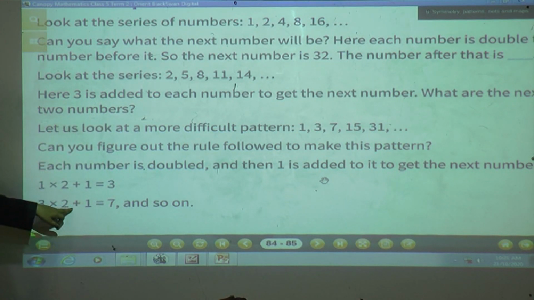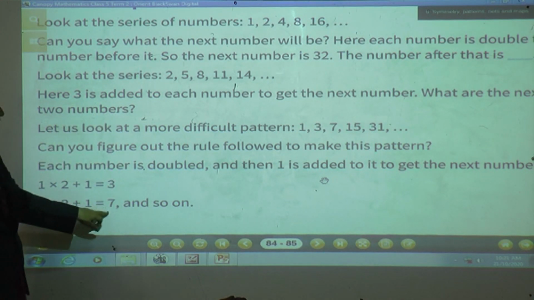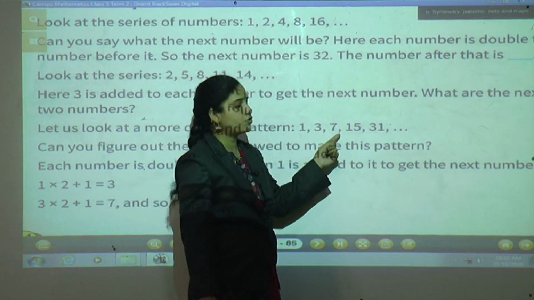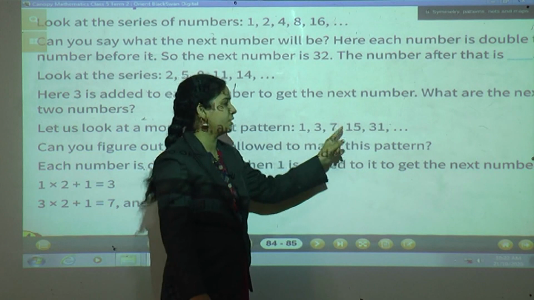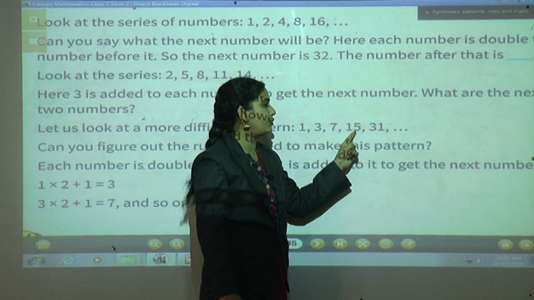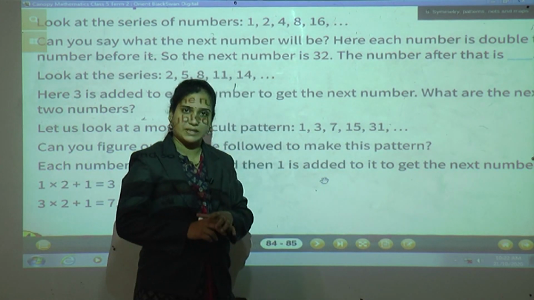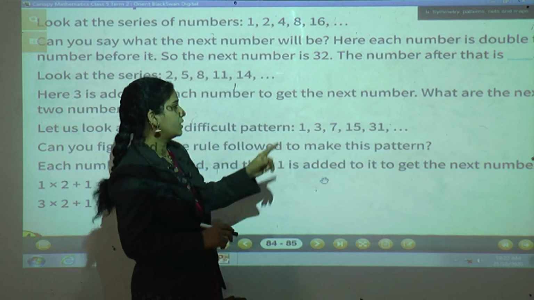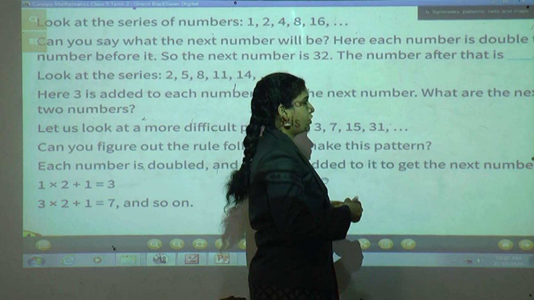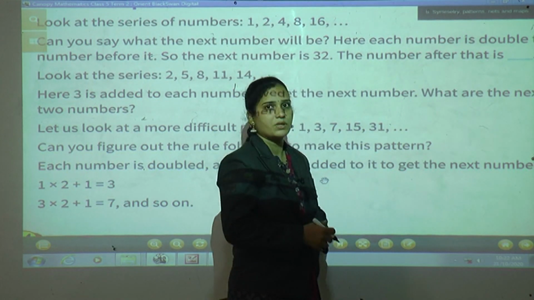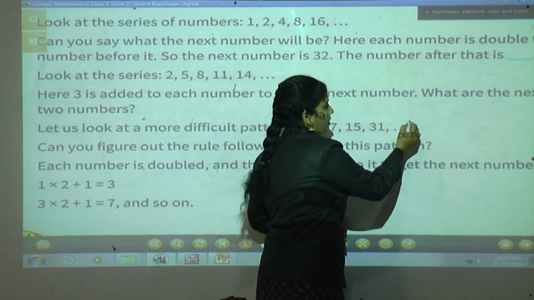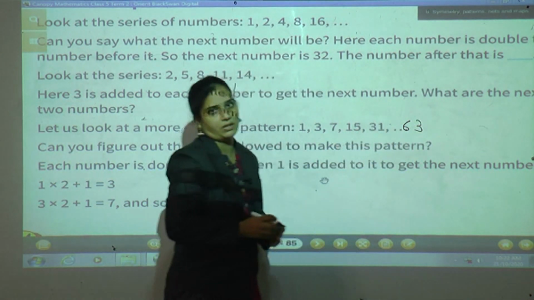Then 3 multiplied by 2, 6, plus 1, 7. Now 7 multiplied by 2, 14, and add 1, 15. Now 15 multiplied by 2, 30, plus 1, 31. Now 31 multiplied by 2, what will come students? Yes, 62, and add 1 to it, so we will get 63.